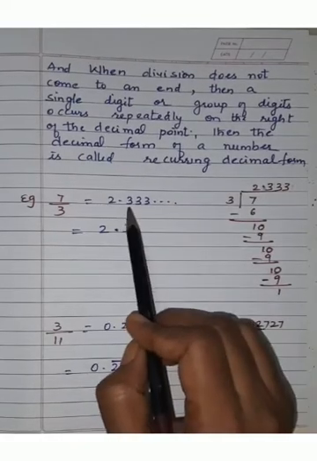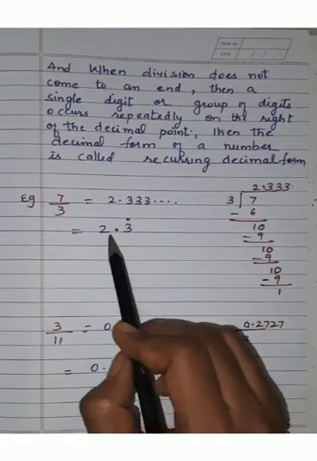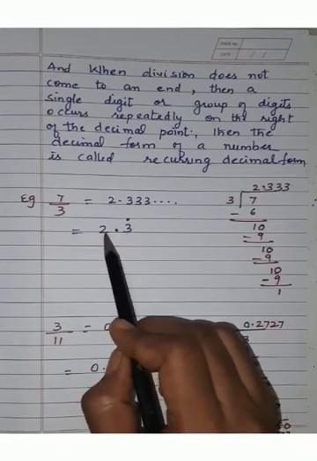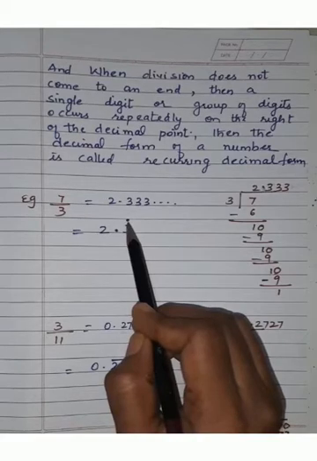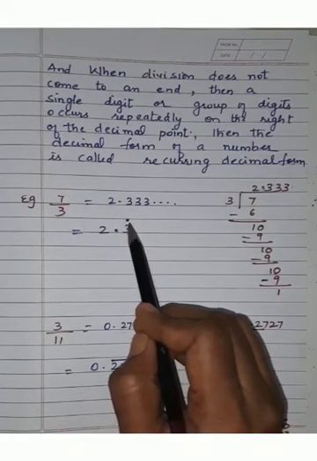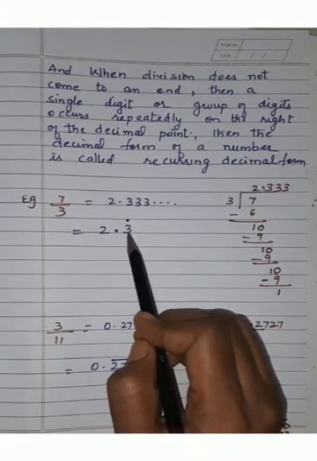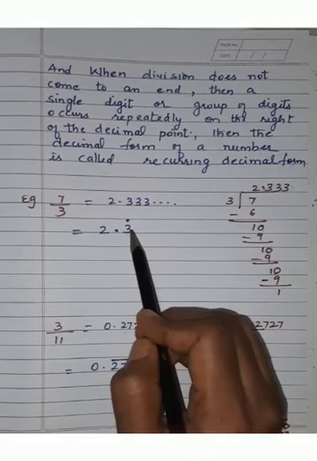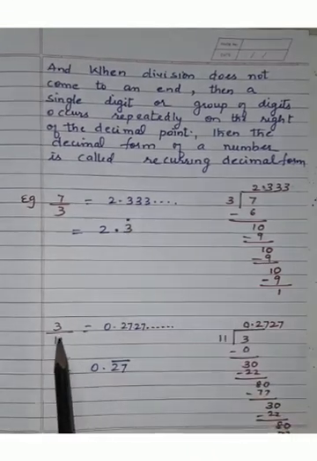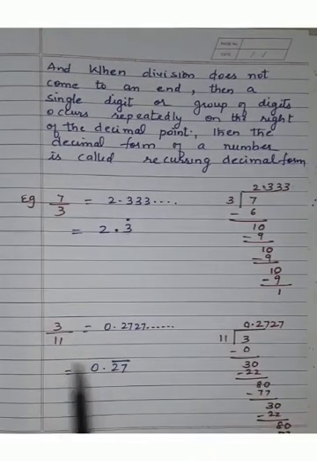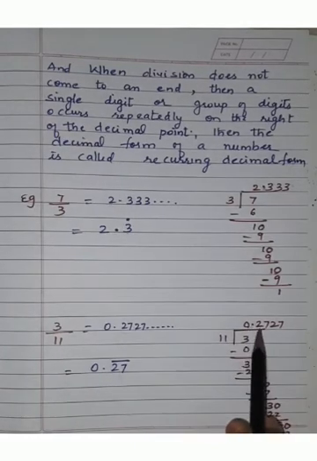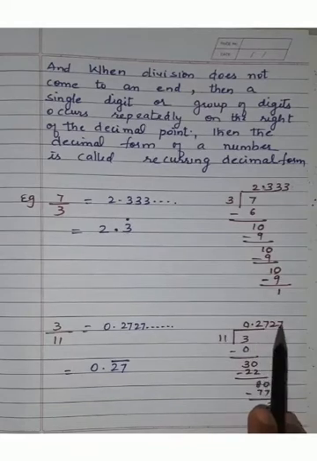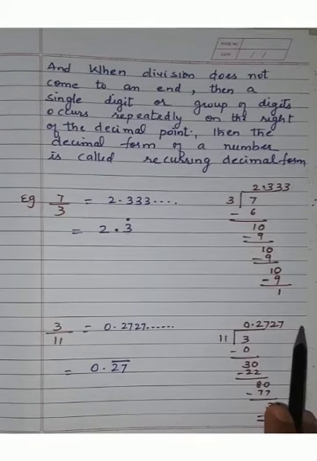Since only the digit 3 is repeating, we can write this as 2.3 with a dot on top of the digit 3. This dot shows that the digit 3 is recurring again and again. Now children, when we divide 3 by 11, we see that after the decimal point we get 2727 recurring again and again.